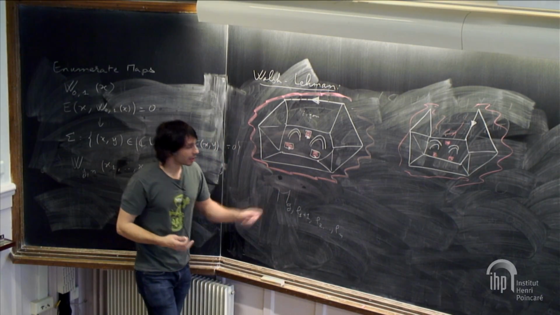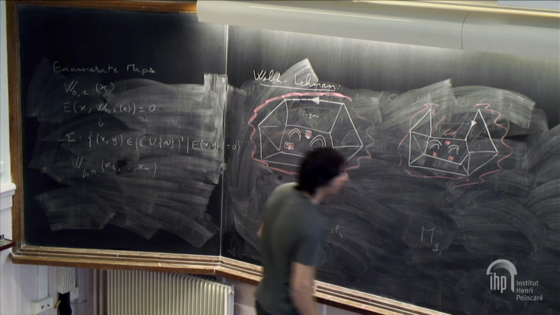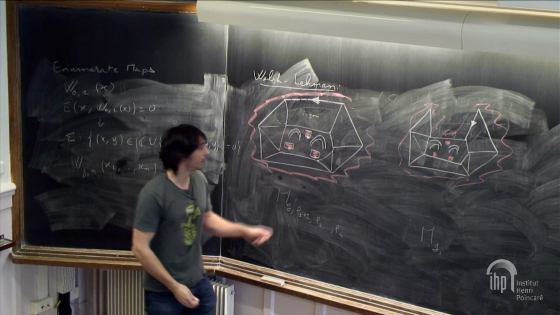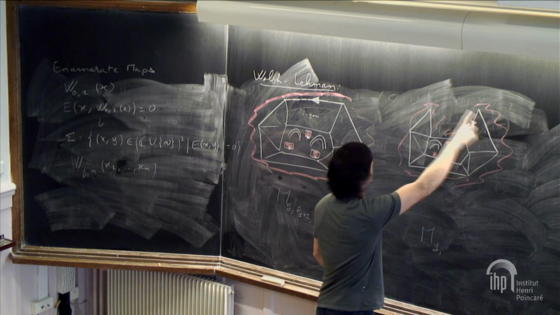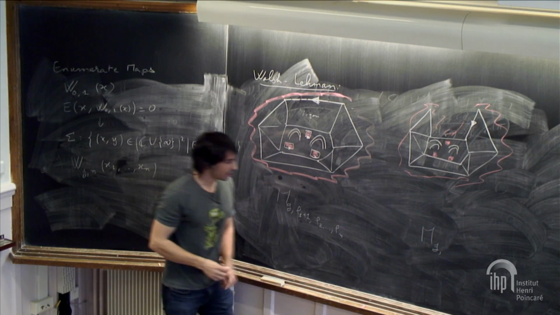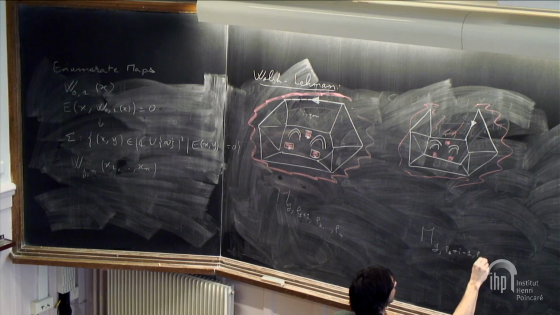It's exactly as we did in the preceding case. I still have a genus G map. The number of boundaries is still equal to n. But now the first boundary, which had length L1, now has length L1 plus I minus 1. And the other ones still have the same length.